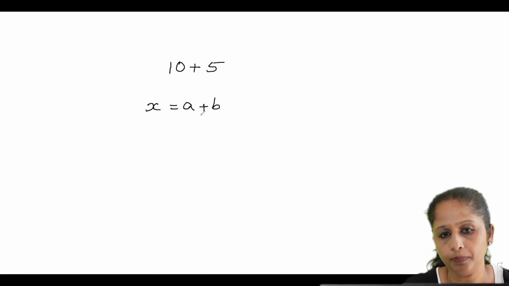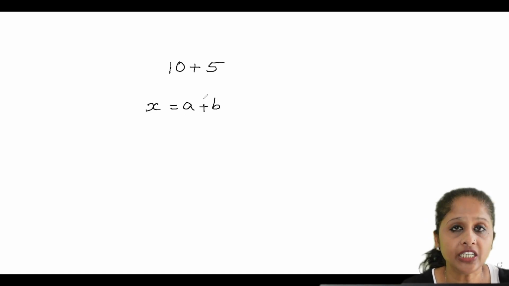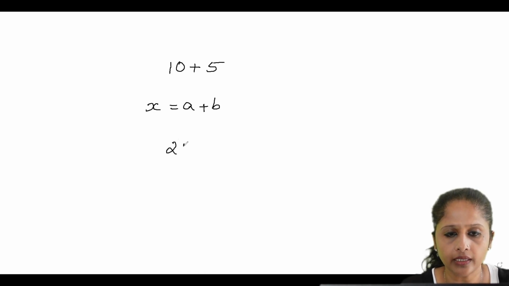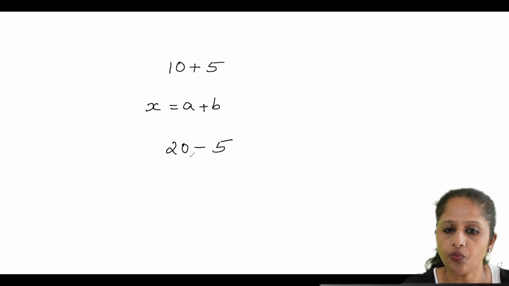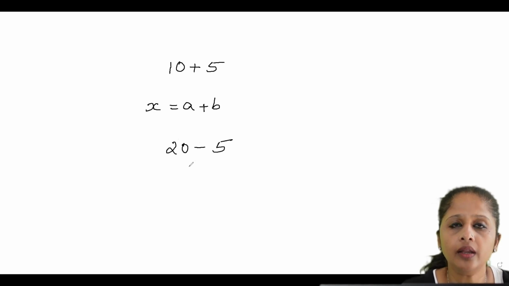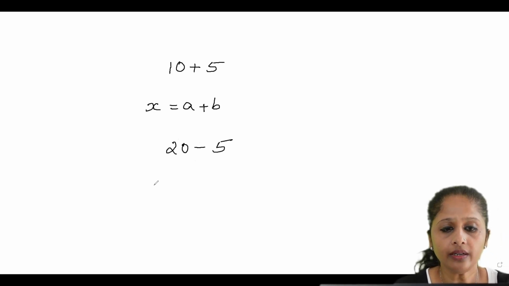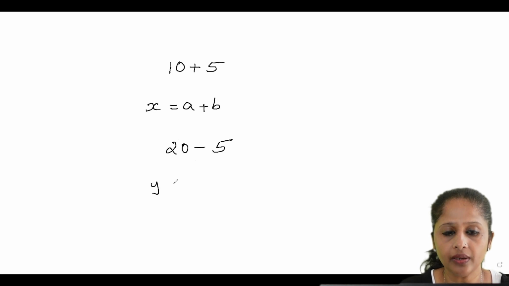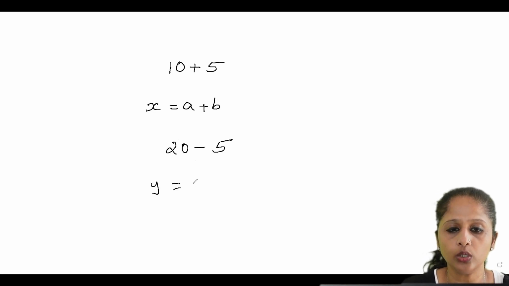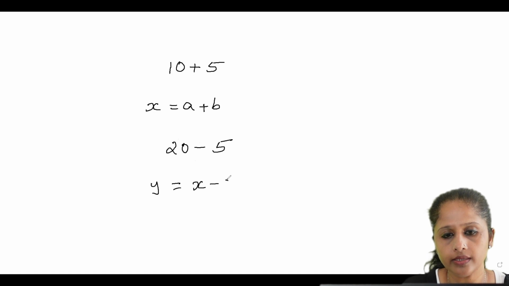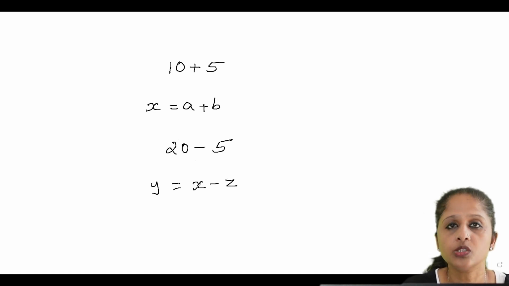This way also we can use the plus operation, that is addition. Then we have like 20 minus 5, this is our subtraction. In the same way, with variables we can write y is equal to x minus z.